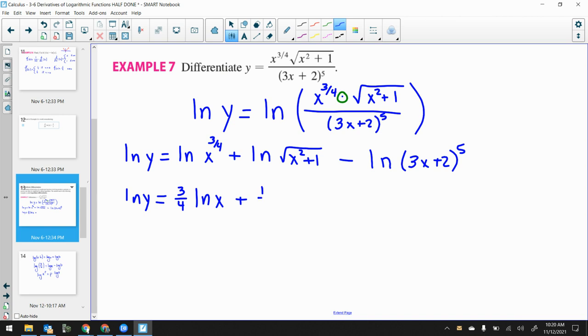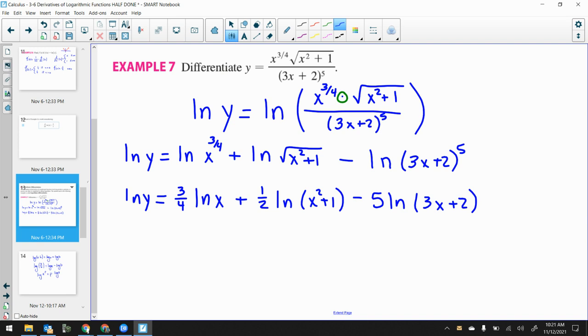So 1/2 of ln of x squared plus 1 minus 5 ln of 3x plus 2. And now we're going to differentiate it. You may be thinking, wait, you made this way harder. Well, I hope that process was kind of easy, just using the process of logarithms. You guys seem to recall the operations with logarithms pretty easily.